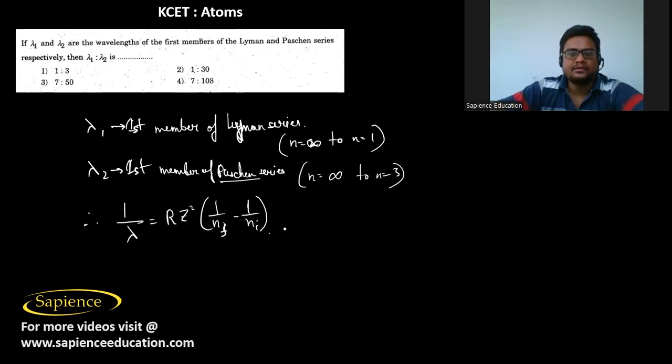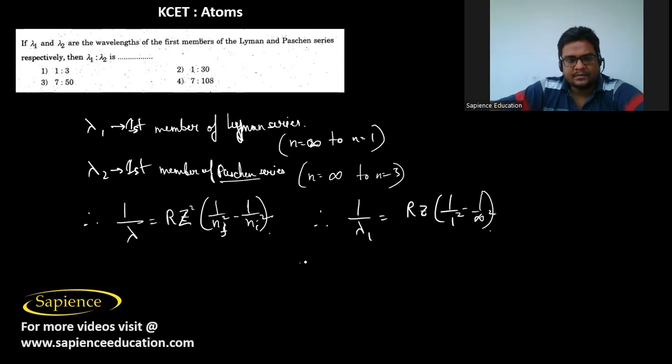So therefore for 1 by lambda 1, I can say it is R Z square into 1 by 1 minus 1 by infinity, 1 by n final square minus 1 by n2 square. Therefore 1 by lambda 1 is equal to R Z square. For lambda 1, I can say it is 1 by R Z square.